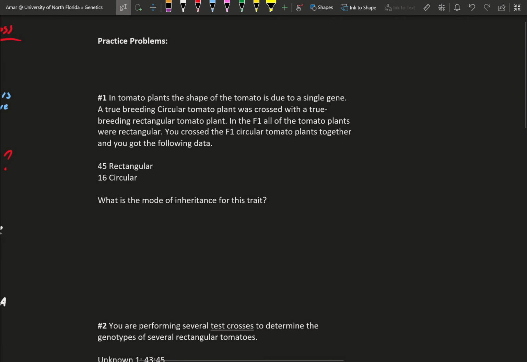So let's say you're an actual geneticist and you're out in the field trying to get some data. You know that there's a single gene occurring here, and you're taking a true breeding circular tomato and crossing it with a rectangular tomato that is true breeding.